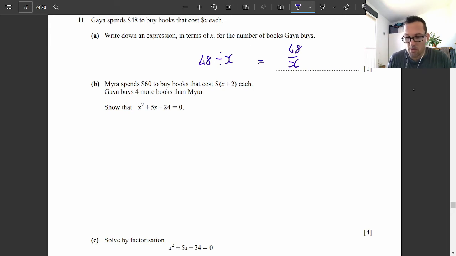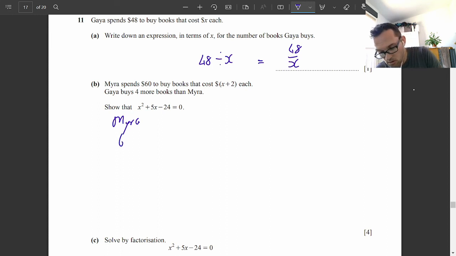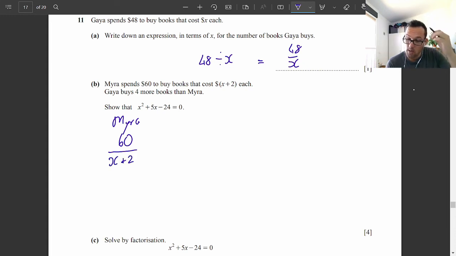Okay. Next question, Myra spent $60 to buy books that cost X plus $2 each. So what is the amount of books Myra buys? Okay, same as the previous question. She spent $60. We divide that by how much each book cost, X plus 2. Her books are a bit more expensive than Gaia's. We'll find the amount of books Gaia buys.